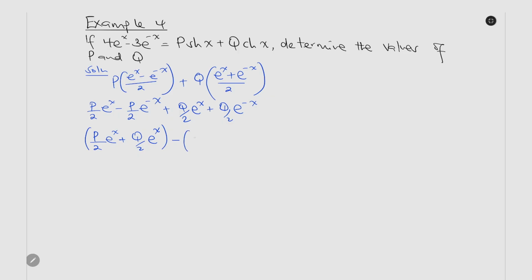Minus p over 2 e^(-x). I've put minus because of this here. But then since this is minus outside, this will be minus, so minus q over 2 exponential x. It's a minus so that if I were to open this bracket, I will have this as negative p over 2, which is this. Negative and negative will give me positive. I hope that is clear.